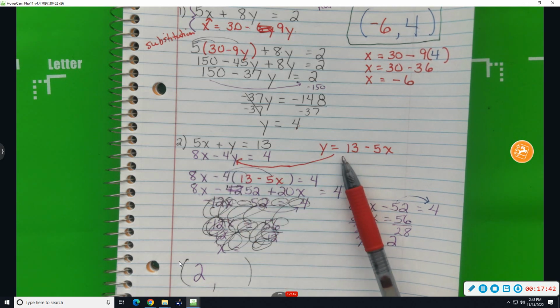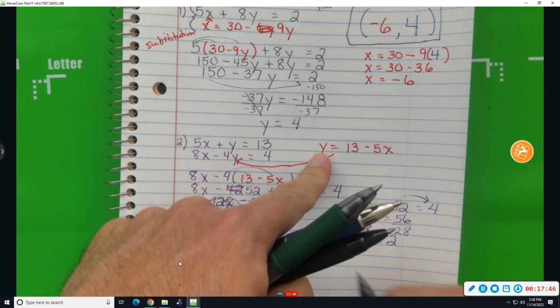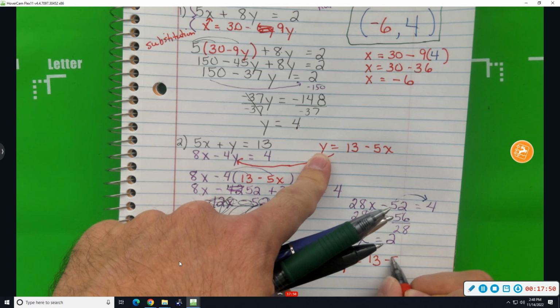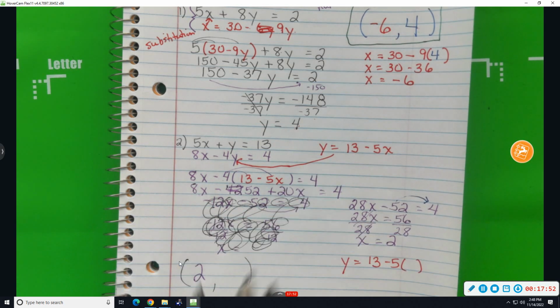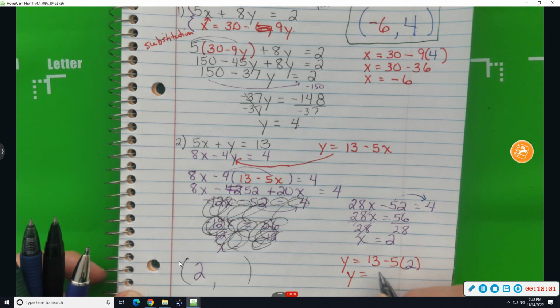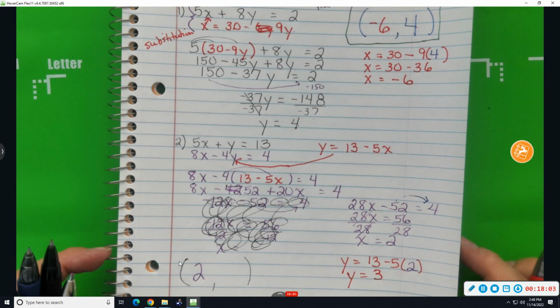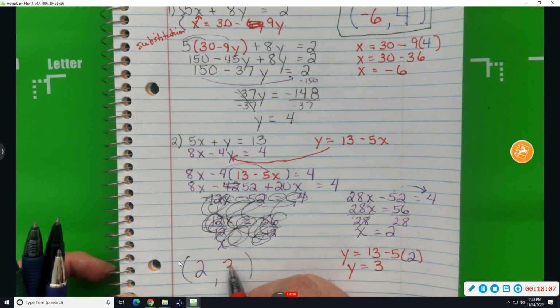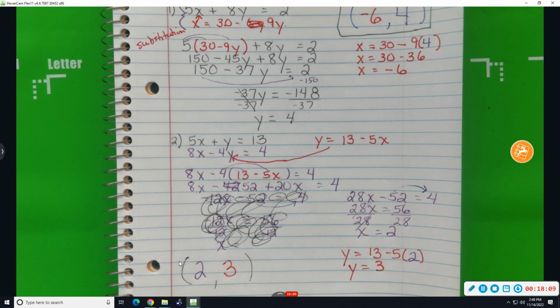I think this is the easiest one to use, the one that I've written in the form y equals 13 minus 5 times 2. 5 times 2 is 10. 13 minus 10, is that a 3? So our ordered pair is 2, 3.